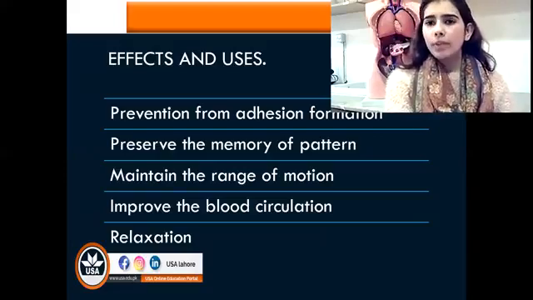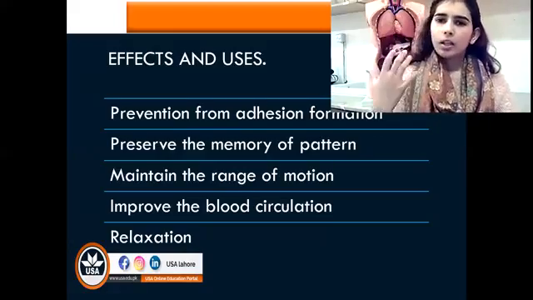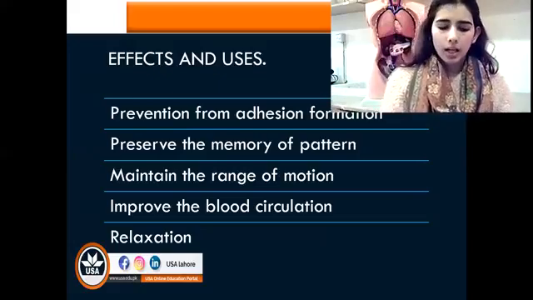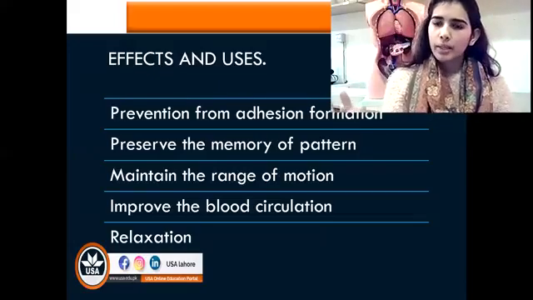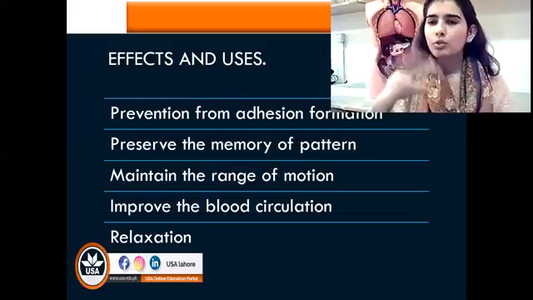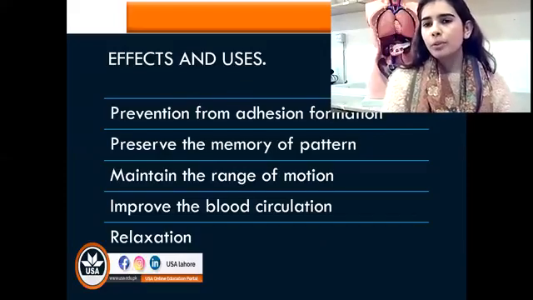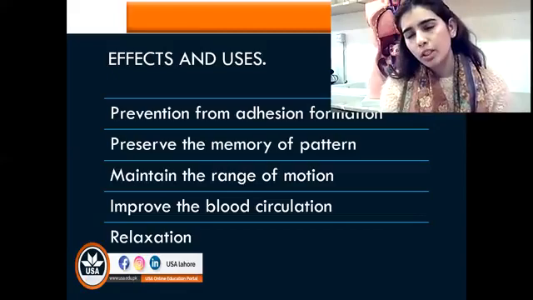Then, to maintain the range of motion: in order to prevent the adhesion formation and the weakness of the muscle, we are ultimately keeping the range of that joint at its normal range. Then, to improve the blood circulation: how can blood circulation be improved in a joint?